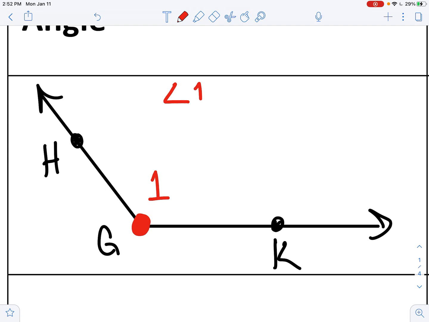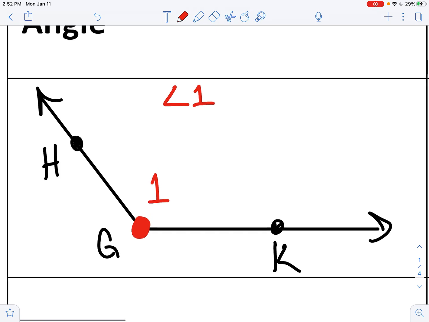If you want to use that, angle 1. So those are the 4 ways to name that angle.